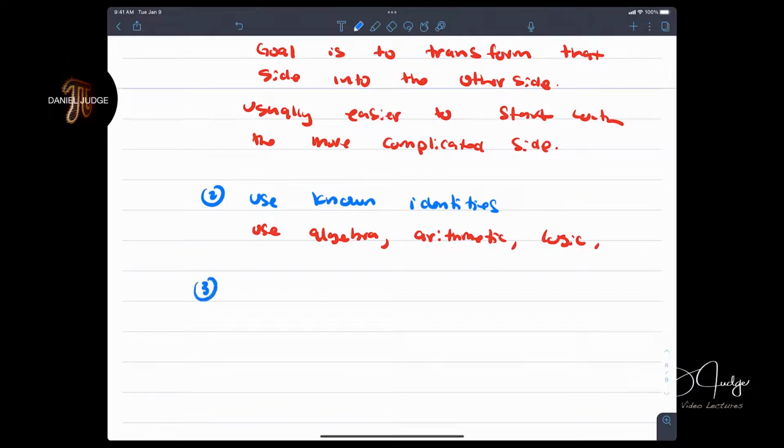And step 3, if you have to, convert to sines and cosines. Because that's kind of the fundamentals. You do that if you get stuck.